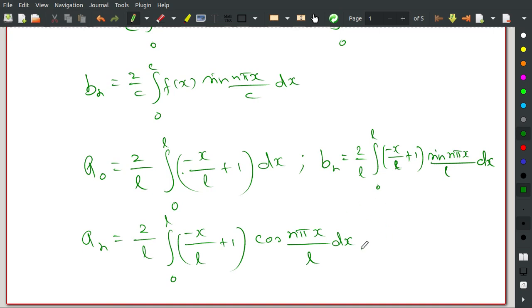So find all these a naught, an, bn and substitute in the Fourier series f of x equal to a naught by 2 plus summation n equal to 1 to infinity an cos nx plus summation n equal to 1 to infinity bn sin nx. And this is the final Fourier off range series.